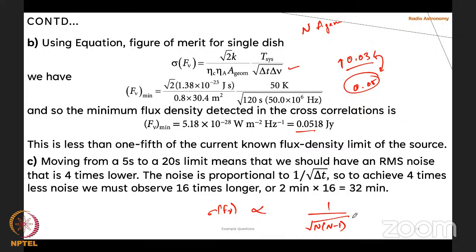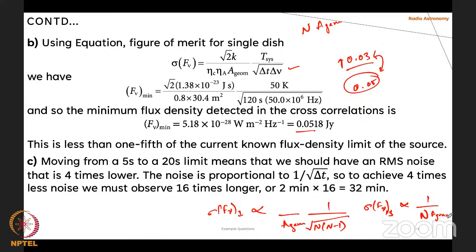Now if you have a single dish of n times the geometric area, say this is for the interferometer, I will term it as I, and for the single dish S, it will be proportional to 1 by n times the geometric area.